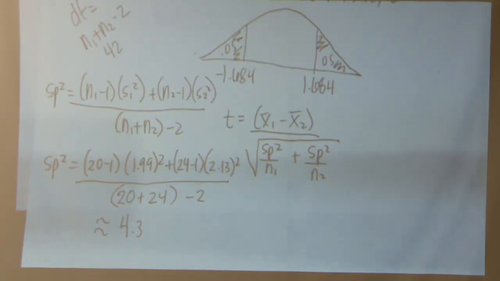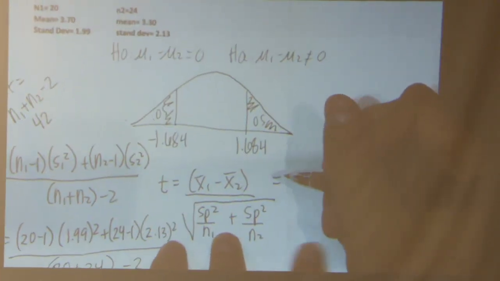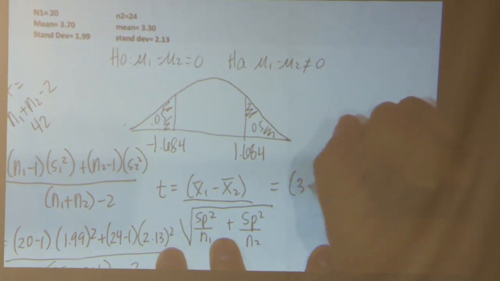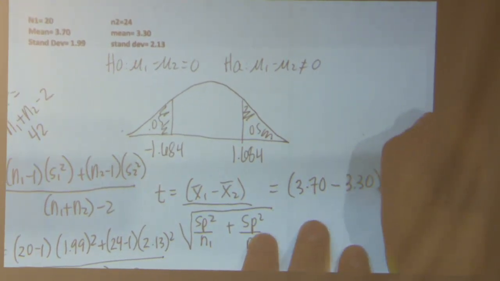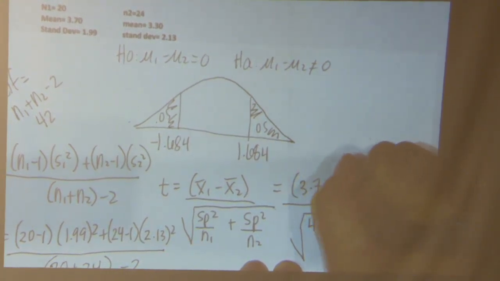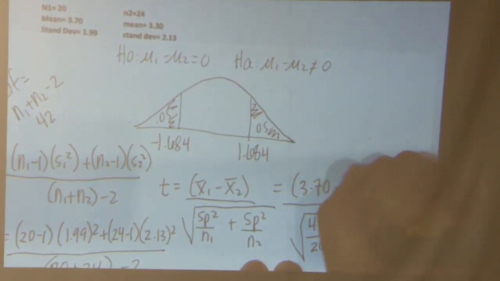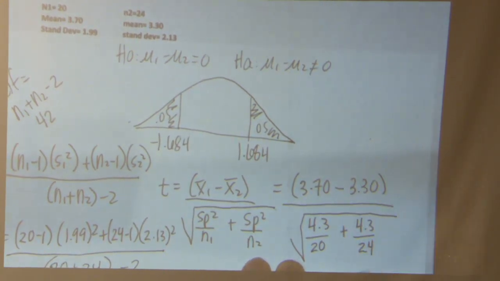So now we can go back and plug that into our formula. Our x bar 1 is going to be 3.7 minus 3.3, divided by the square root of 4.3 over 20 plus 4.3 over 24.